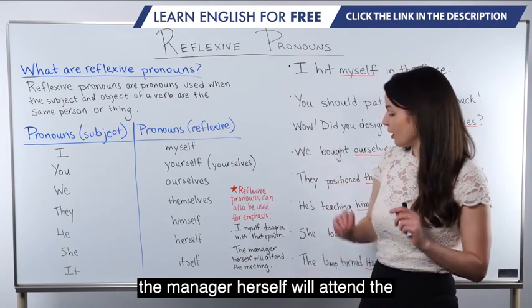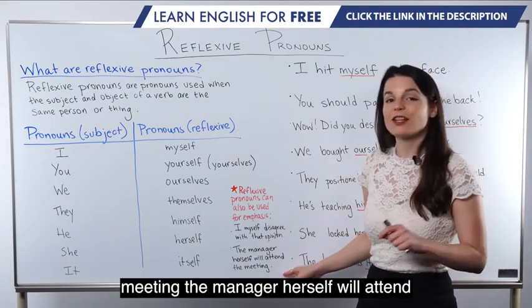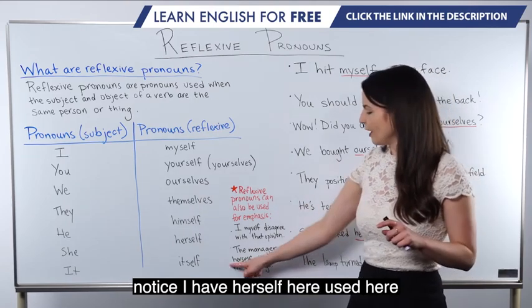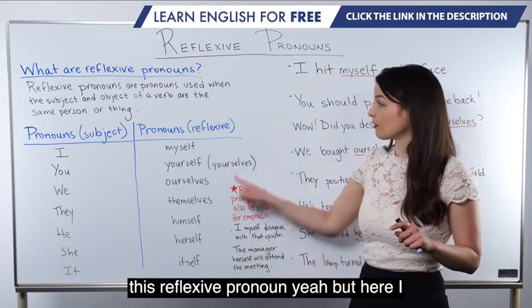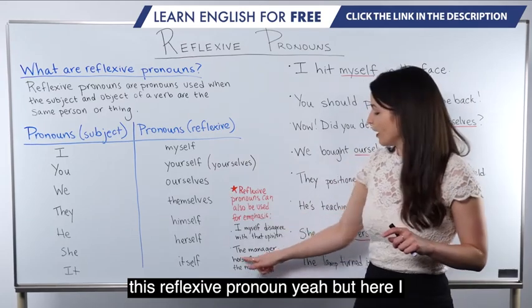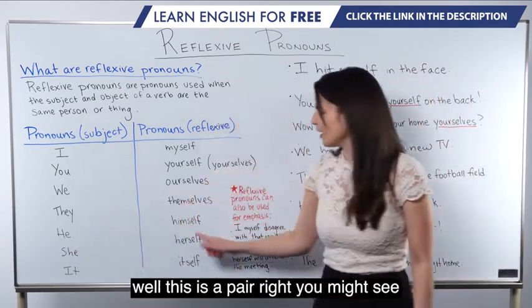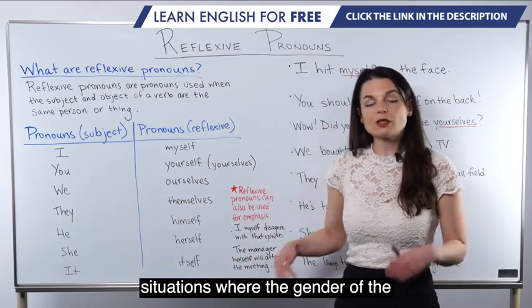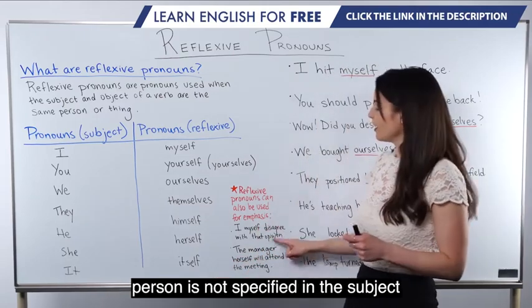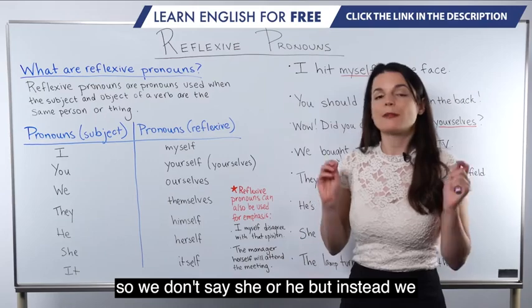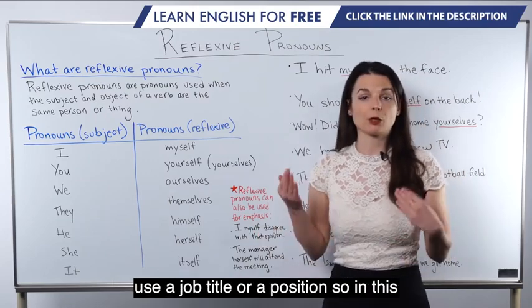The manager herself will attend the meeting. So in this sentence, you'll notice I have herself, this reflexive pronoun, but here I have the manager. So I just said, okay, well, this is a pair, right? You might see situations where the gender of the person is not specified in the subject. So we don't say she or he, but instead we use a job title or a position.